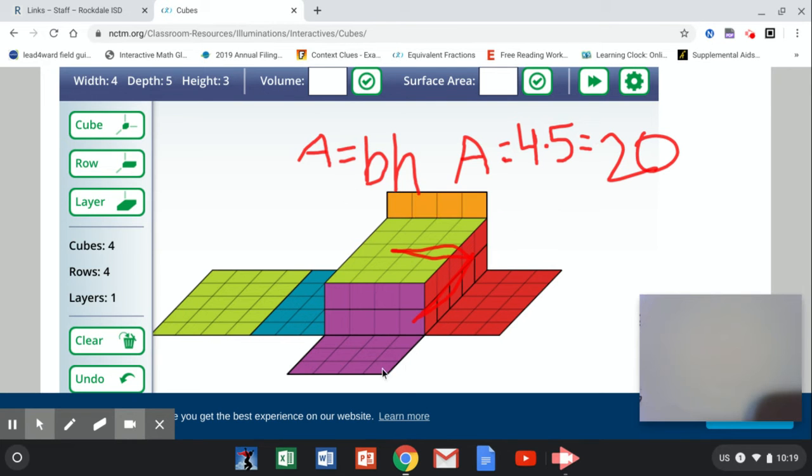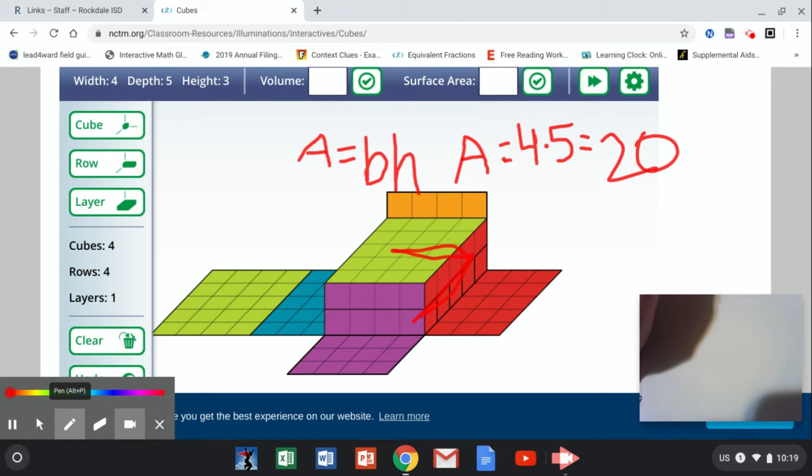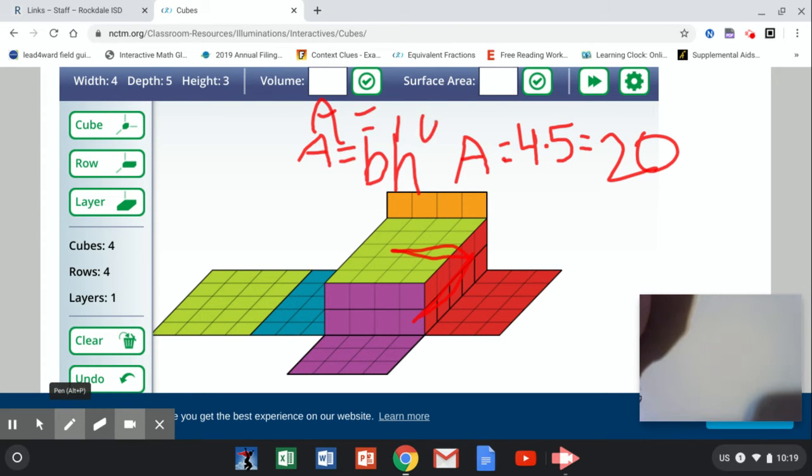How far up would they need to go? How tall is it? The height. So this was just area, or length times width, which is what I like to call it. I could call this area equals length times width and get rid of that, because base and height is a little bit confusing.